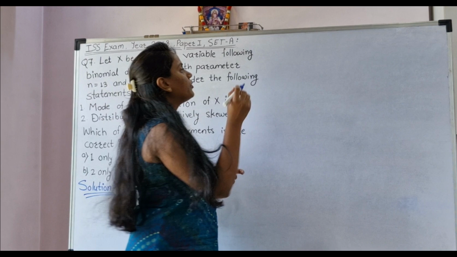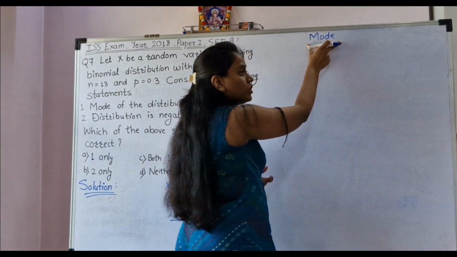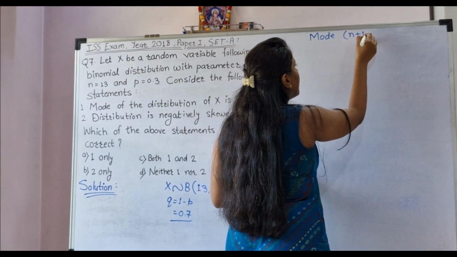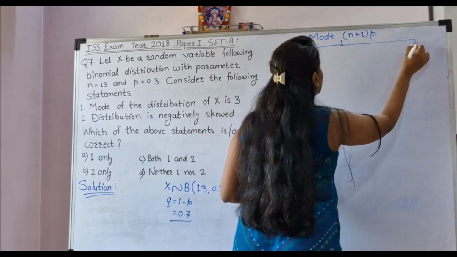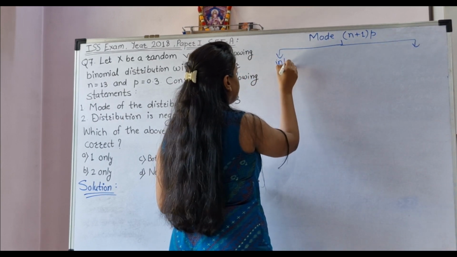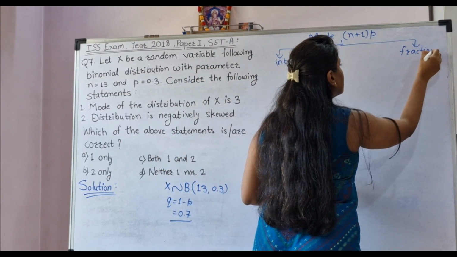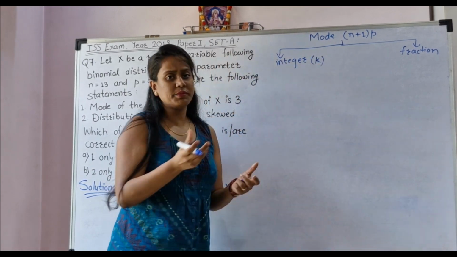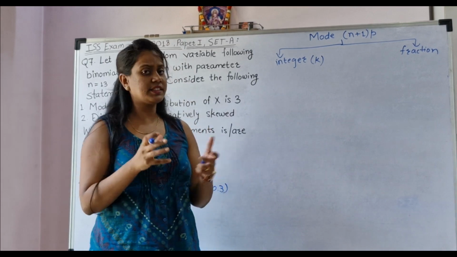How to do that? We know in binomial distribution to calculate mode we check whether the value of the quantity n plus 1 into p is an integer or a fraction. If it is an integer value, let us suppose k. Integer can be anything, 5, 6, 8, 10, 20, 18, 16, anything.